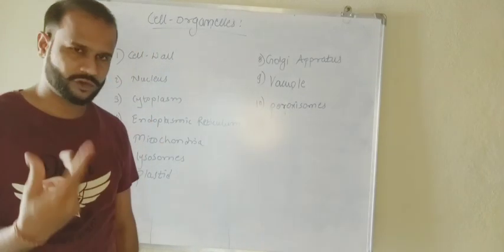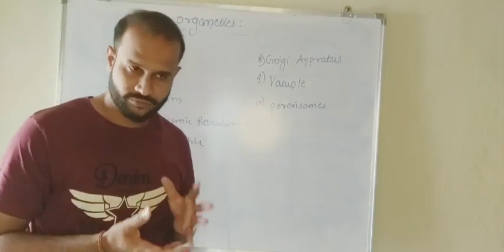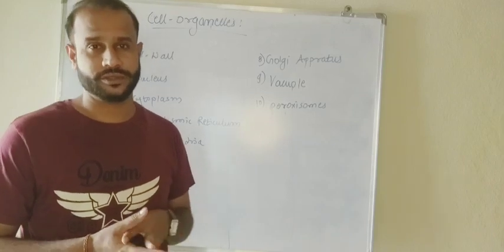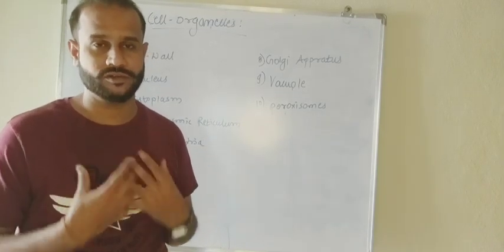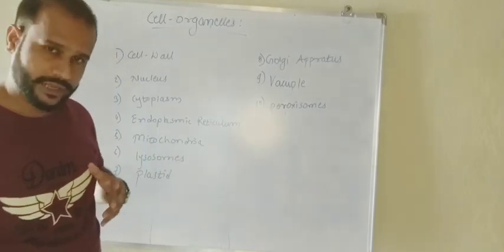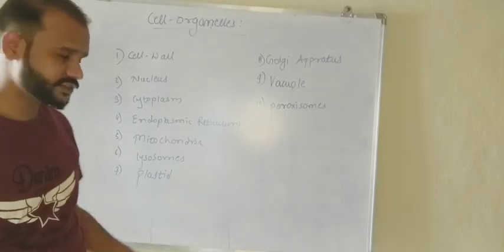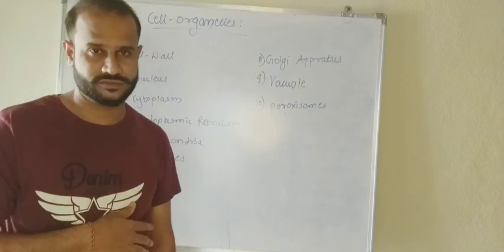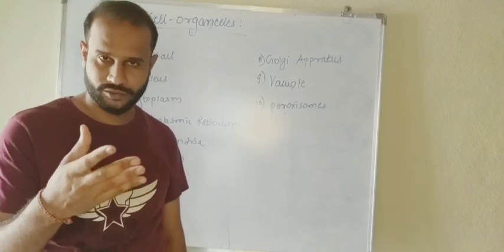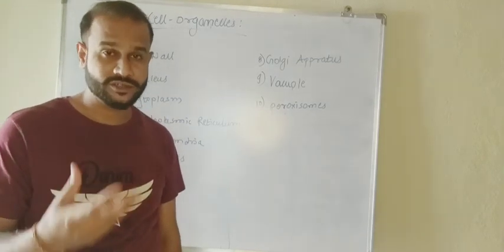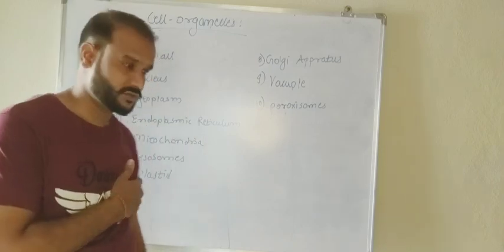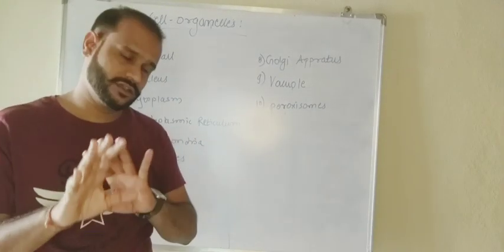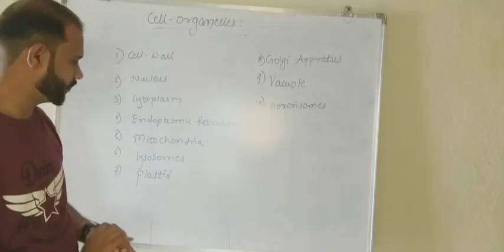So what is the function of plastid? As we know, plants are autotrophic and we are heterotrophic. So behind that autotrophy, plastids play an important role in making food for the plants. Again, plastids are divided into three types: chromoplast, leucoplast, and chloroplast. What is the function of each? We'll see in detail. Don't worry.